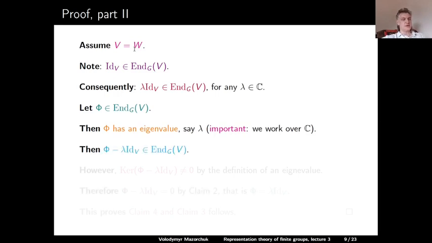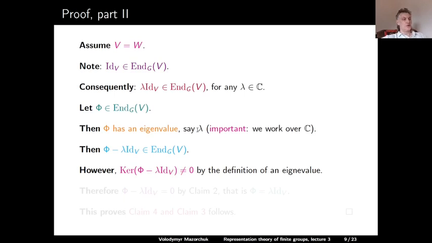Then we can consider the linear transformation phi minus lambda times the identity on V. So phi was an endomorphism, lambda times the identity on V was an endomorphism. So this linear transformation is a G endomorphism of V. However, the kernel of this linear transformation is non-zero because lambda was chosen to be an eigenvalue of phi. This is the definition of the eigenvalue.